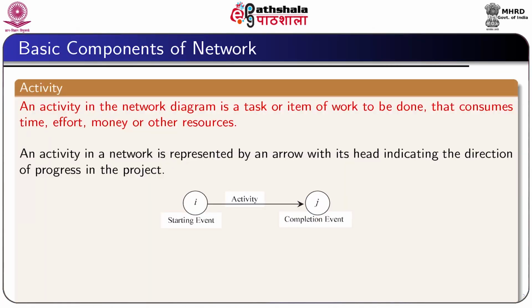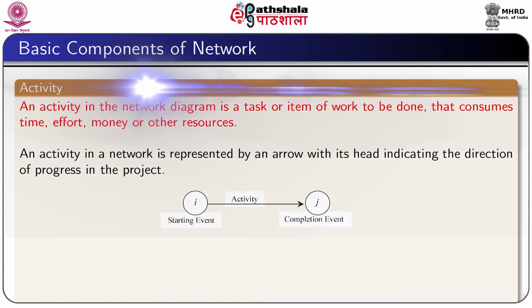Let me first define the basic components of a network. A network is a graphical representation of logical sequence of various activities to perform a project objective. So, first we have to define what we mean by an activity. An activity in the network diagram is a task that consumes time, effort, money or other resources.